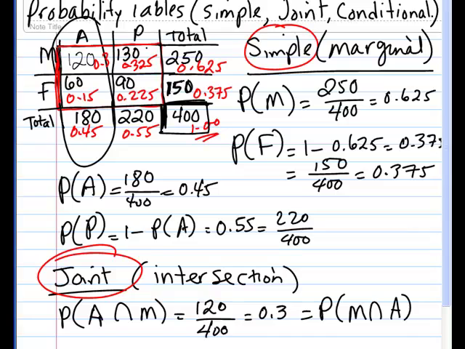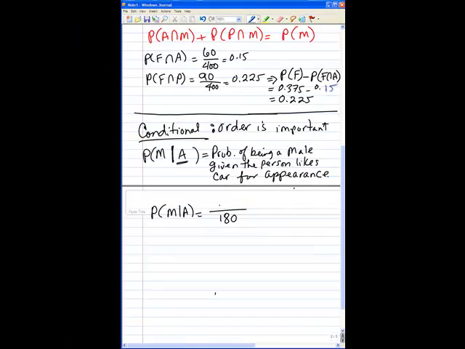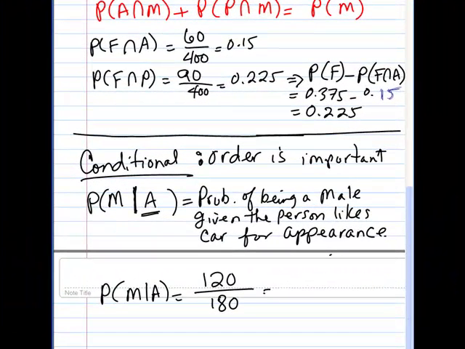But look, of those 180, the males, there's 120 of them. So it's 120 males out of 180 people who buy a car because of its appearance. And if you go through that math, you get 0.667.